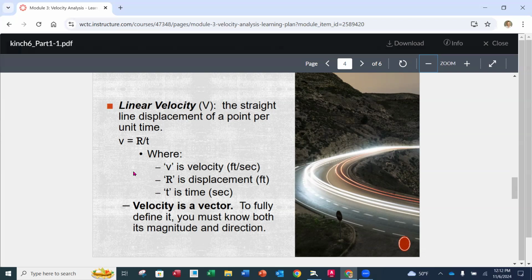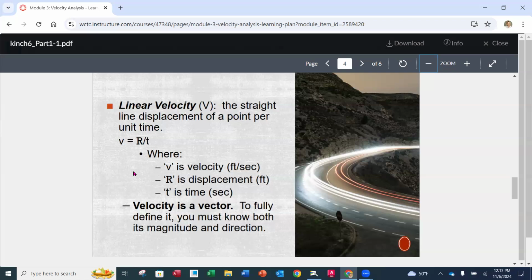Most often we look at our speedometer and say we're going 55 miles per hour. Miles per hour means I'm going to cover 55 miles in a time of 1 hour, divided by. That's why we say per hour. Now, velocity is a vector, which you've probably already encountered in previous coursework as well.